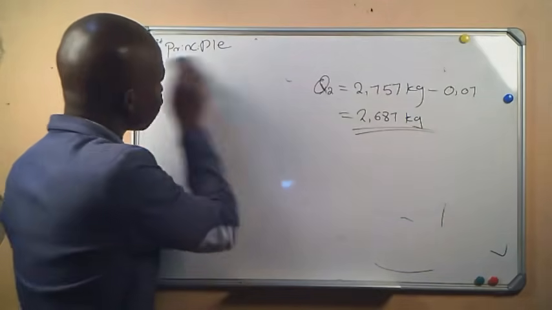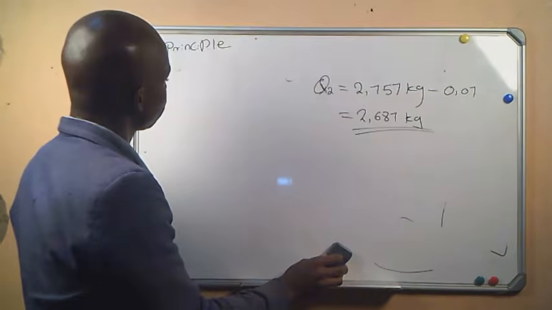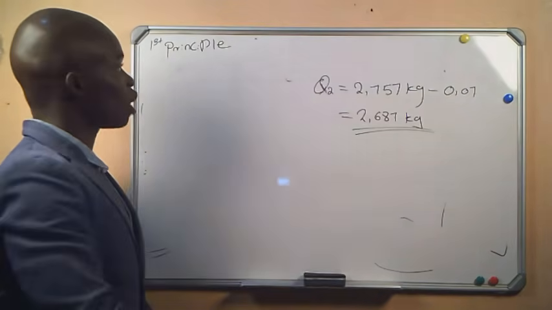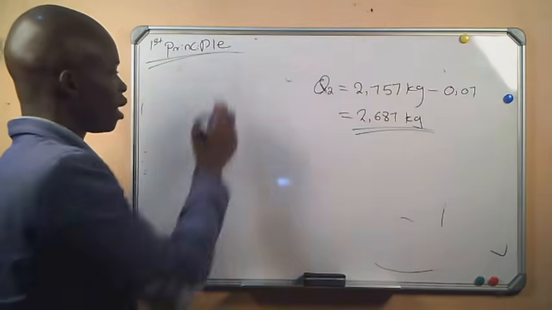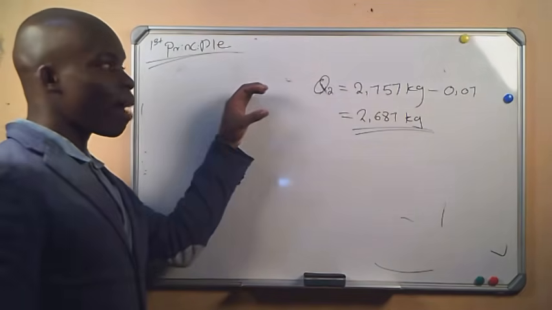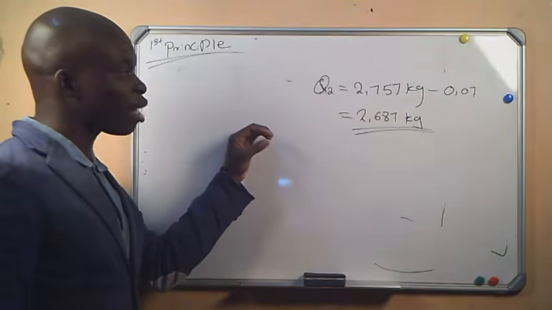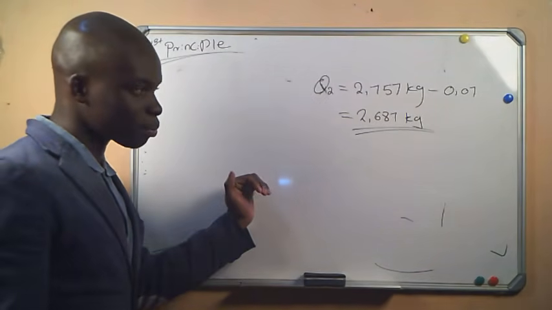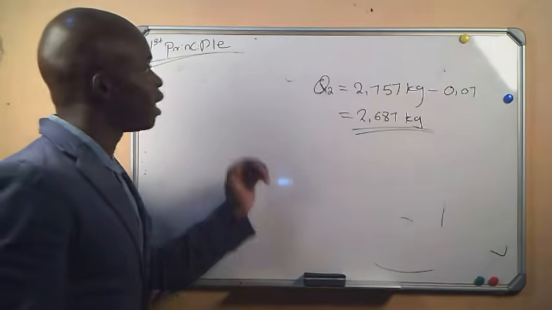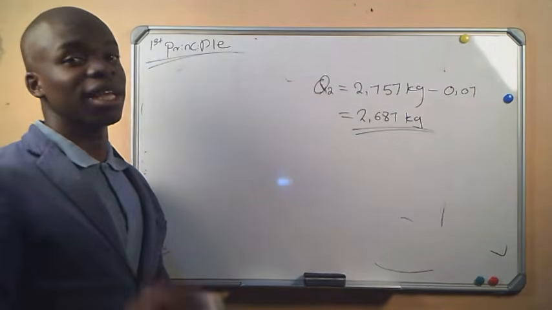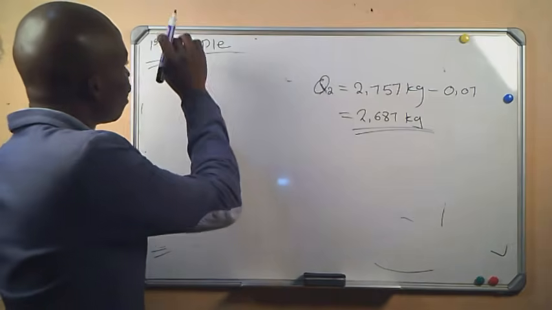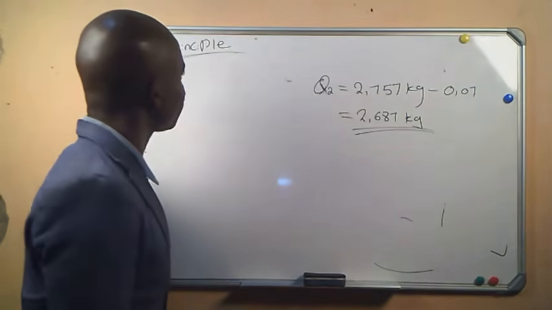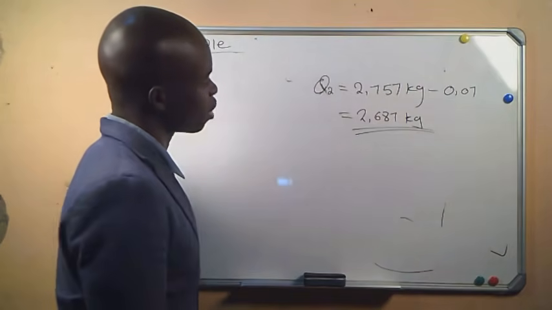The process that we went through is what we call the first principle. The process of calculating for carbon and then calculating for hydrogen, calculating for sulfur. That is what first principle is. Hence, they said that we must use the first principle.